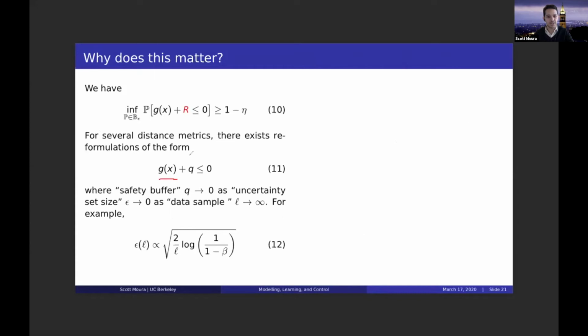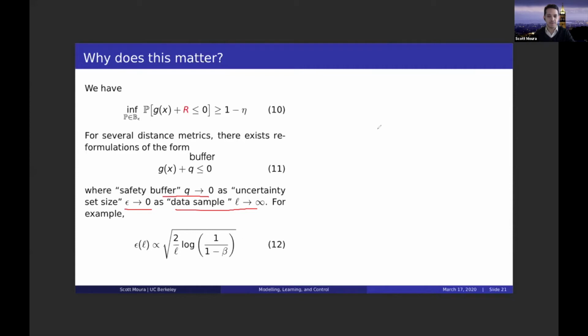G of x plus q, where q is some sort of buffer. And it turns out that the safety buffer will actually go to 0 as this uncertainty set epsilon goes to 0, which can occur as the number of data samples you have goes to infinity.